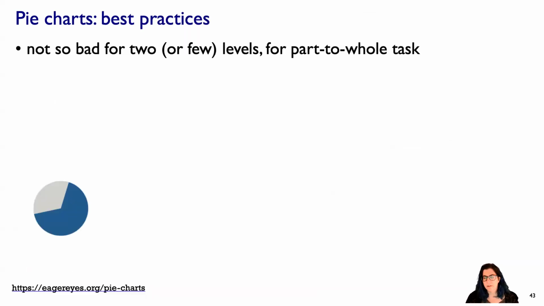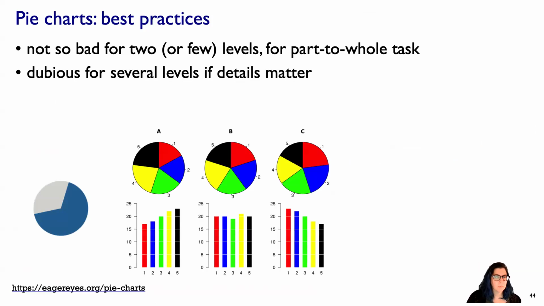So, when is it legitimate to use a pie chart? Well, if you only have two levels, they're actually very good for a part to whole task. So, it's quite legitimate when you've got just a few levels of quite different sizes, you can get a clear sense of part to whole. But once you start getting more than just a few levels and the details matter, they are clearly worse than a bar chart.